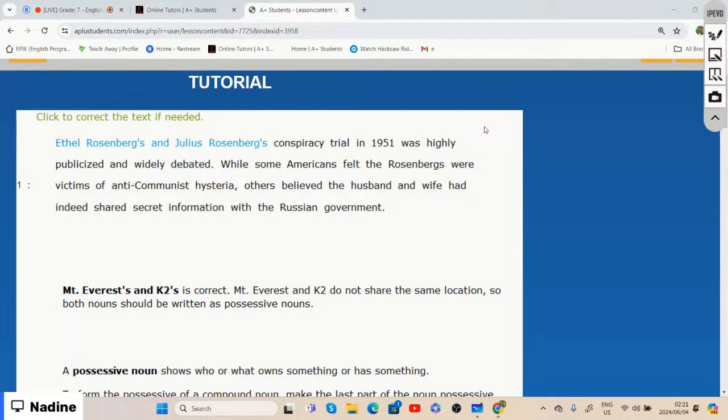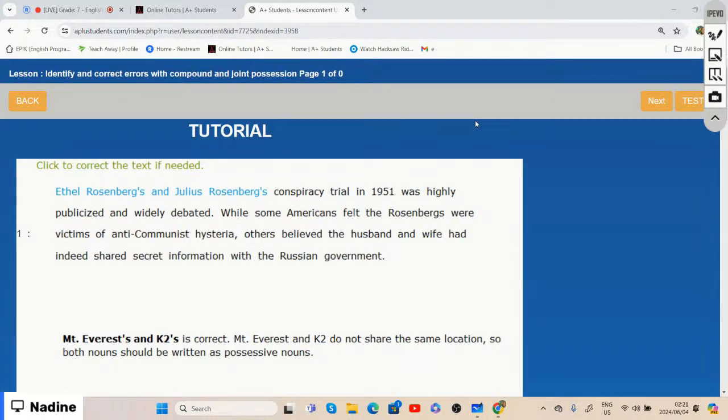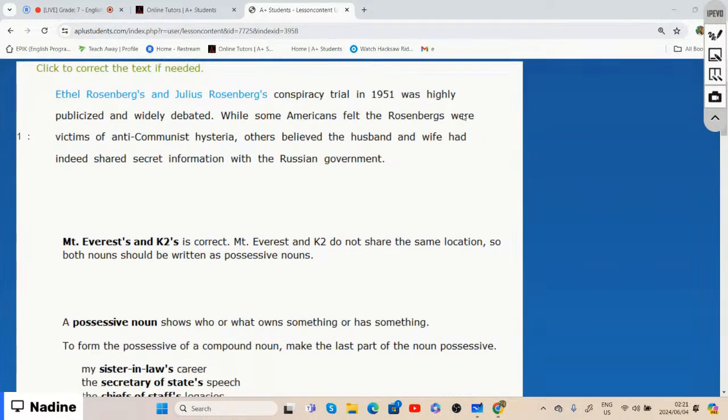All right, so we're on possessive nouns, and we want to identify and correct the errors with compound or joint possession.